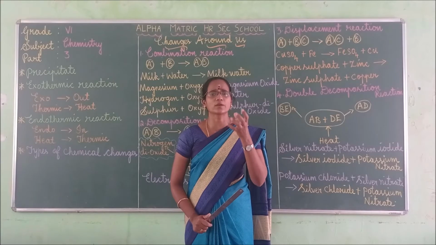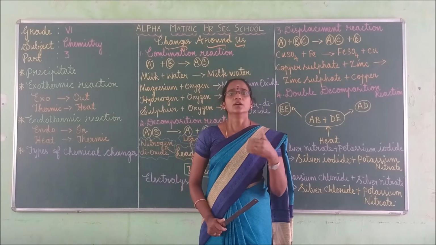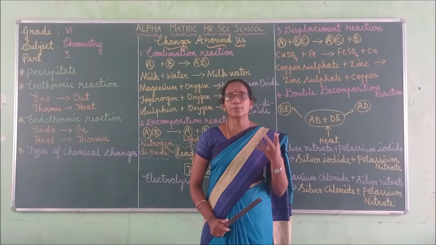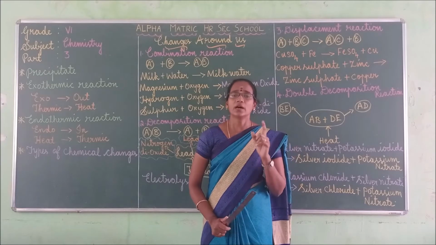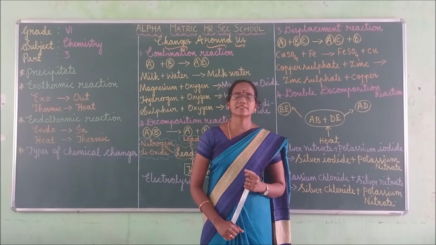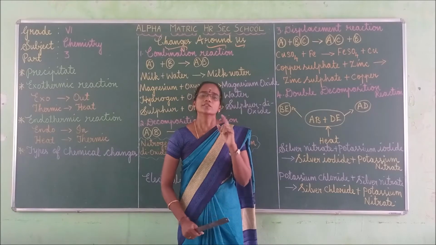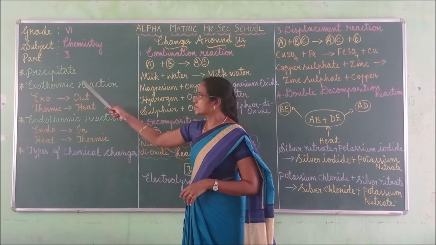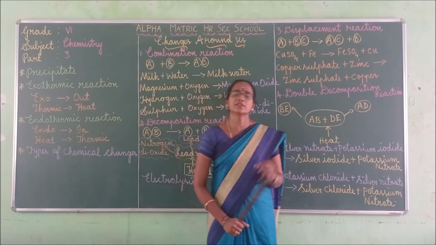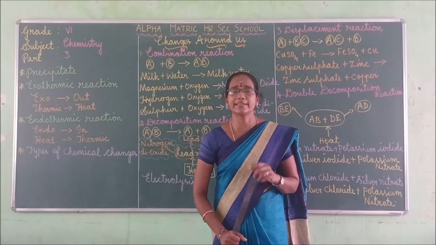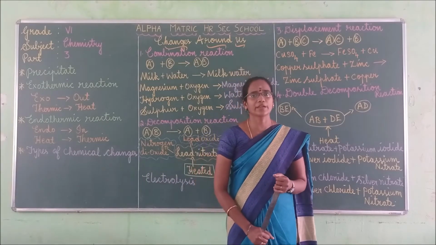It is a white precipitate. It forms the white precipitate of silver chloride along with the sodium nitrate. So this is an example for precipitate. Precipitate means a substance deposited in solid form during chemical reactions.